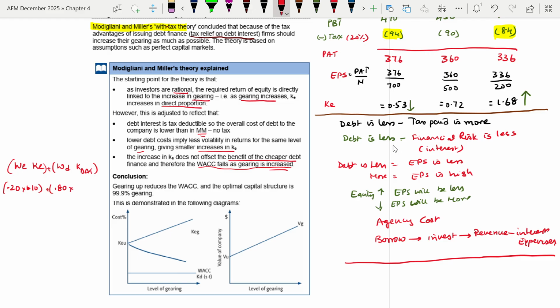The cost of debt after tax will be much lesser. Assume it is 0.03. How much will you get?